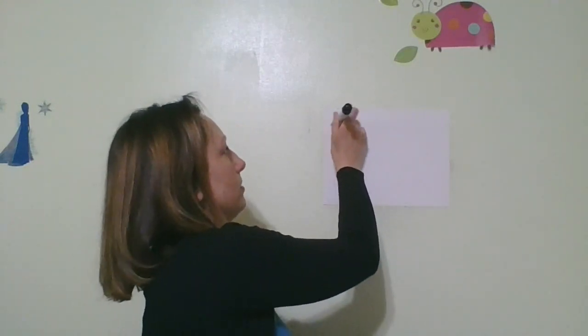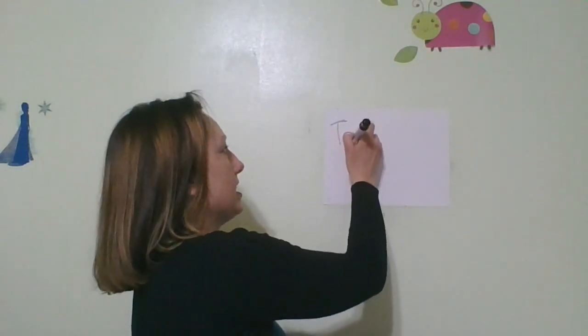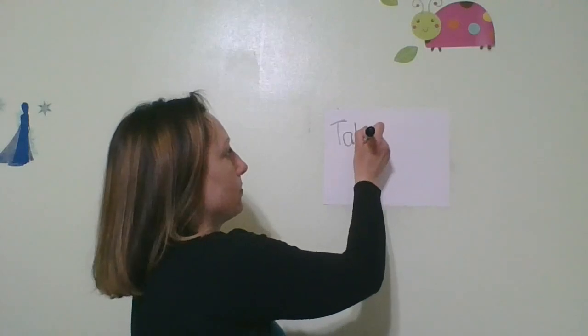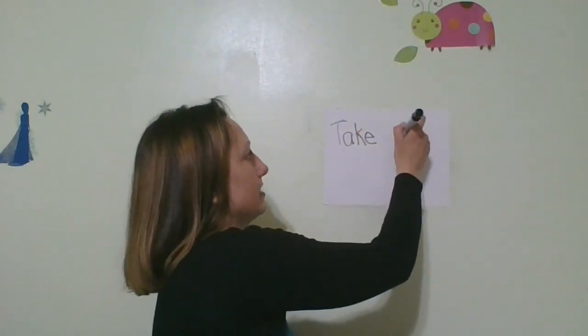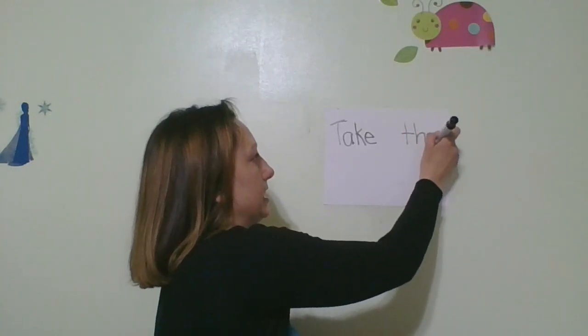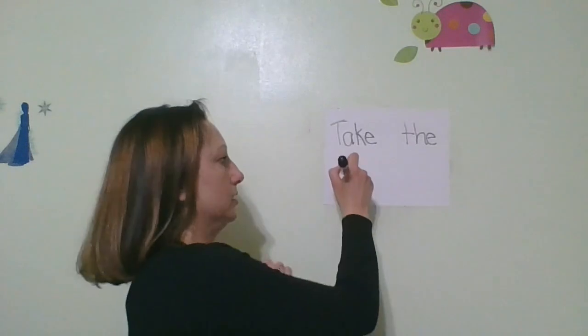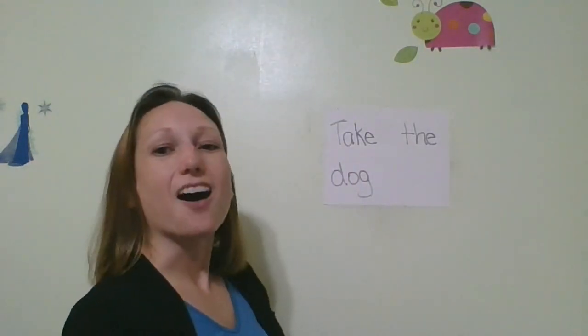Remember, I always need an uppercase letter at the beginning. I hear my A saying its name, so I am going to put an E at the end. Take, the T-H-E, dog, D-O-G. My O is saying aw.